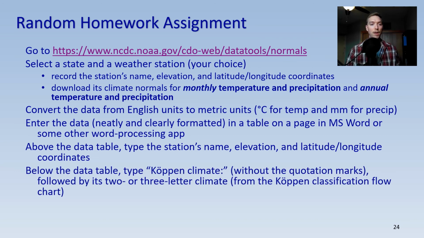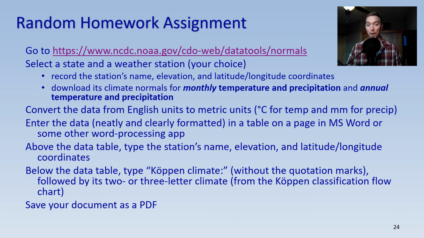Below the table, you're going to type Köppen Climate, without the quotes but with the colon, followed by its 2 or 3 letter Köppen Climate Classification using your flow chart. You're going to figure this out. Please do not do one of the ones we've done or talked about before. Pick one that's fun or pick one that's close to home and see what you come up with.